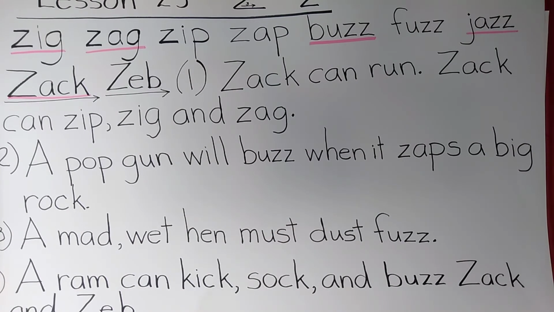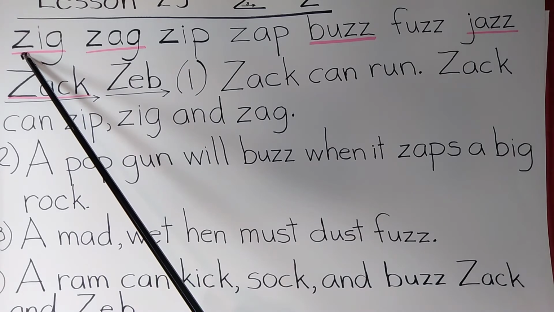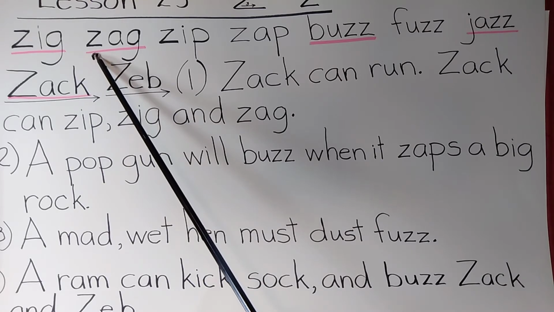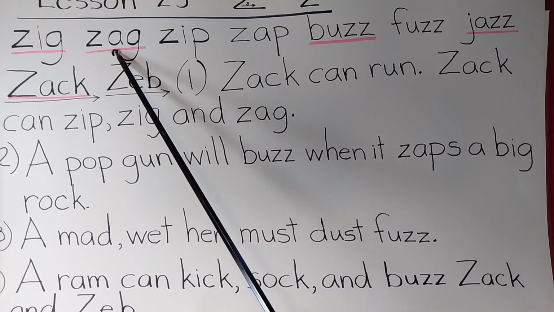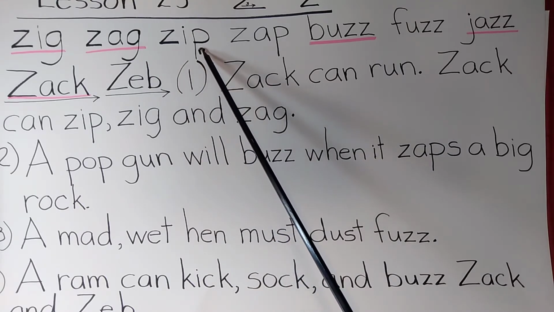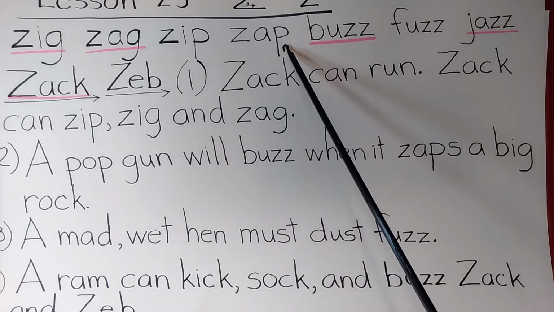Now let's review lesson 25 words, the Z words. And we'll start right here. Zig, zig. Zag, zag. Zip, zip. Zap, zap.